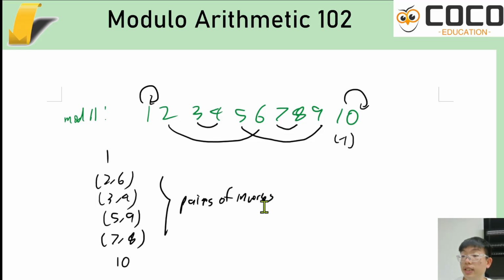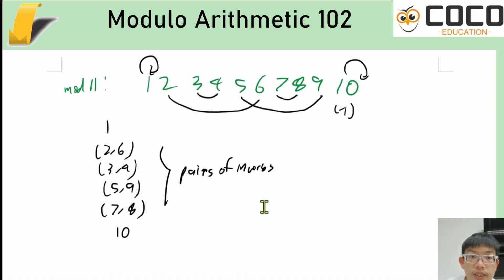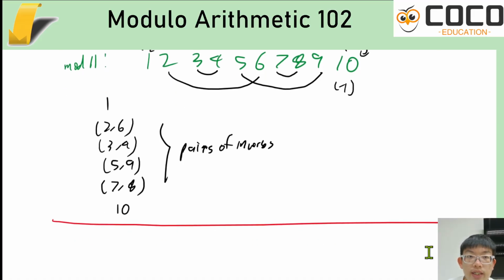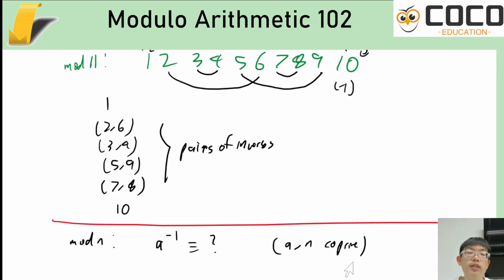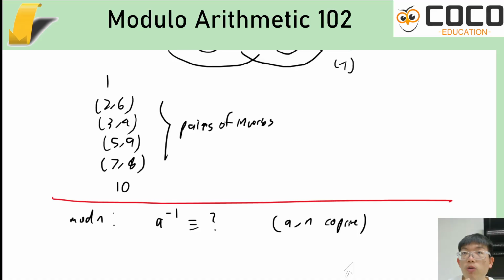Now, how does this actually work? Well, we can go back to our definition of modular arithmetic to understand why this should happen, and any alternatives should not happen. Assuming that I look at mod n, for A that is coprime to n, I can look at all my candidates.